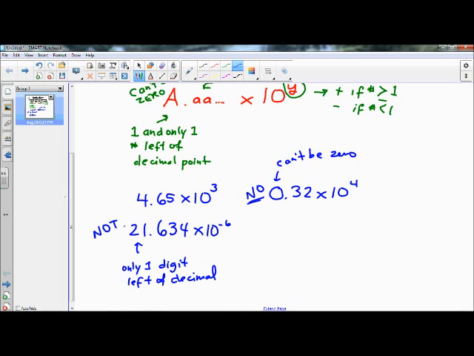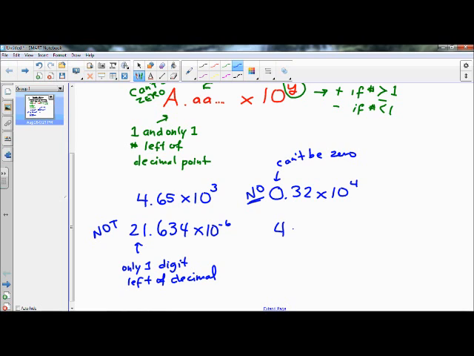Okay, so when you put a number into scientific notation, or if you're asked if a number is in scientific notation, this is what you're taking a look at. Now, the value here can be positive or negative, and it really can be any number. You can have as many numbers to the right of the decimal. You can have no numbers to the right of the decimal.